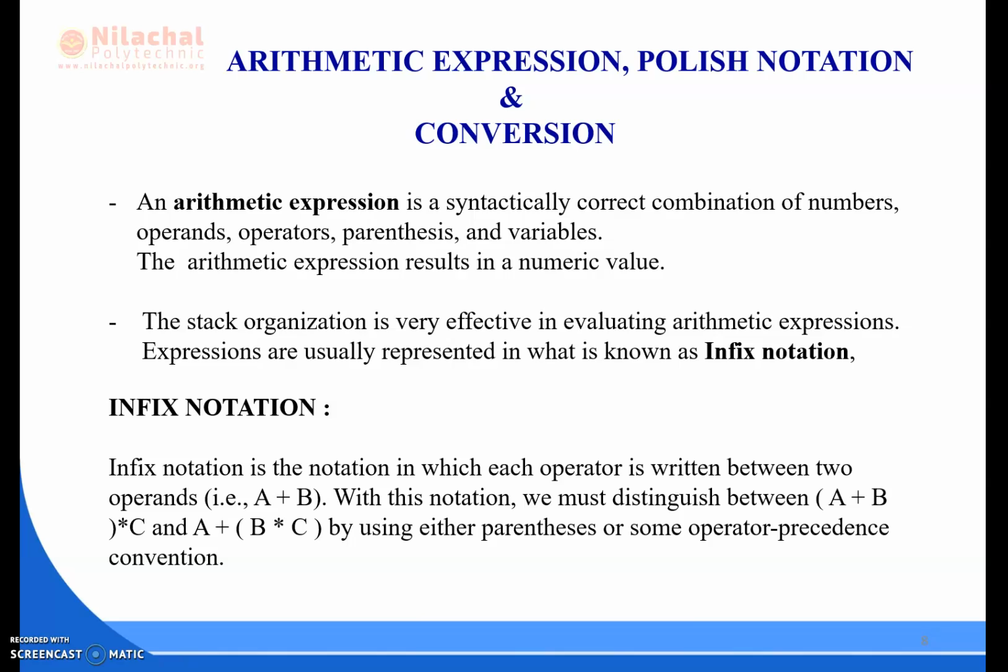So we can say an arithmetic expression is a combination of variables or constant numbers, operands of any type, operators like plus, minus, division, multiplication, and parenthesis signs, that is bracket signs, which may be half brackets, square brackets, or curly brackets.